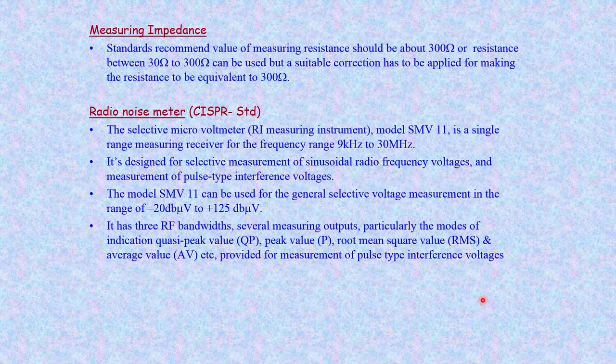The measuring equipment, the radio noise meter which is being used for the measurements, has to be of international standard as per CISPR. CISPR is the international standard for radio signal measurements or communication measurements. So, it has to adhere to that particular requirement.